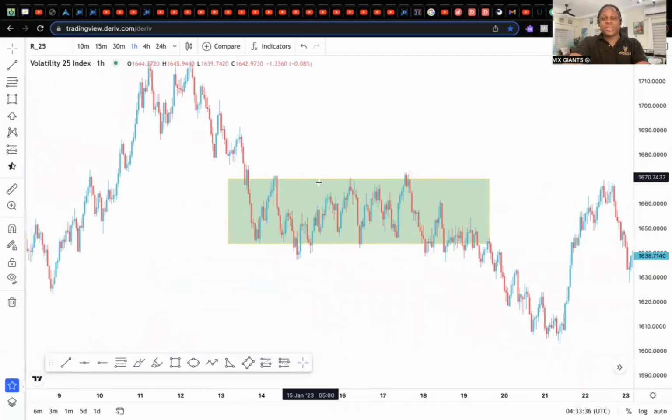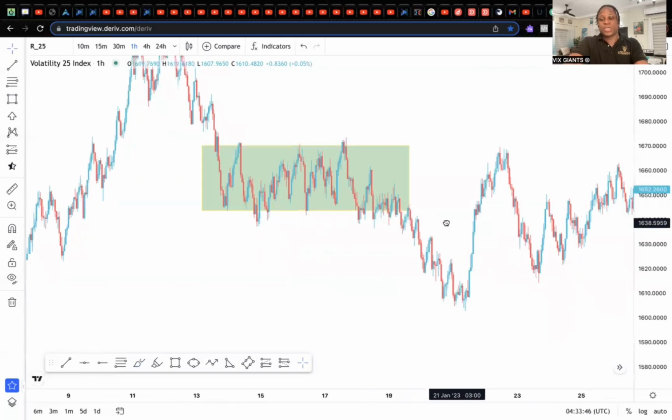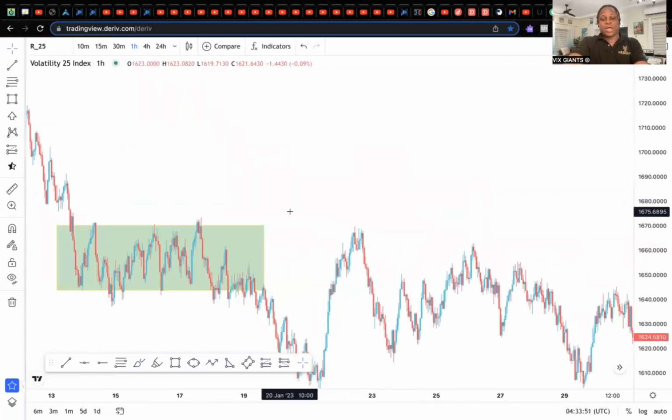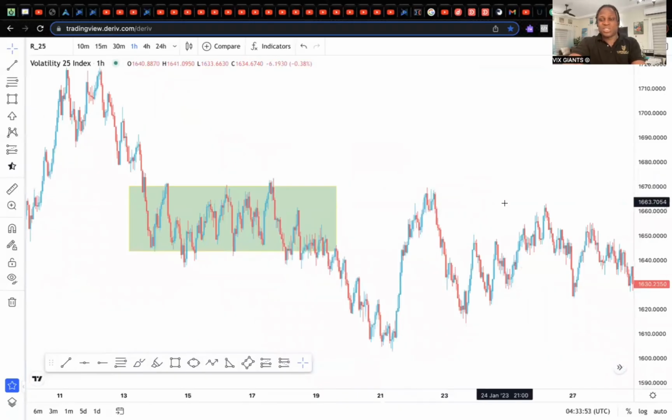Right? So during this period, sell orders were being filled because the direction that we moved in after the range was to the downside, right? Downside, continuing this downtrend until, you know, it started some little choppy movements.